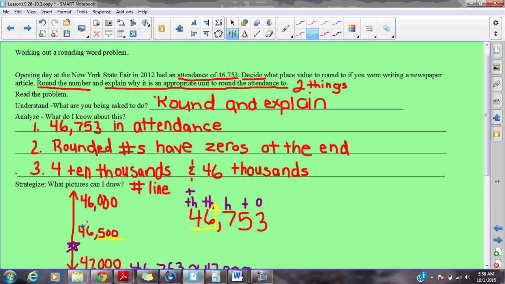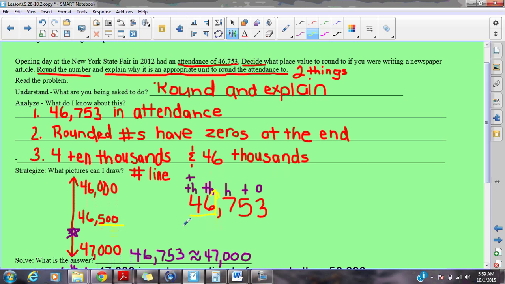So I know I have 46,500 in the middle. And now I can star where this number would go on the number line, which is right here. I know that 46,753 rounds to 47,000. Okay? So now I've written that as my answer.